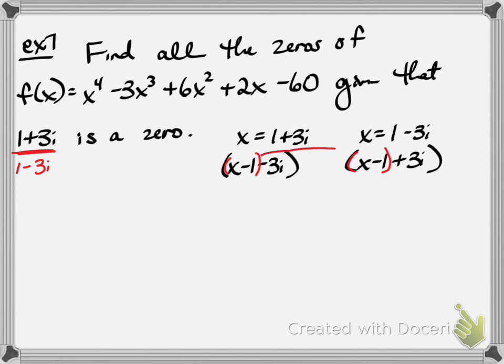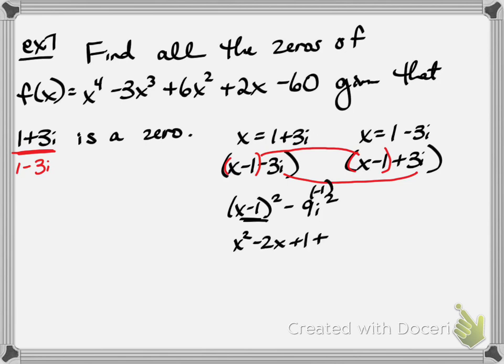And now these are conjugates, so we'll do a squared minus b squared. And then we'll expand this to x squared minus 2x plus 1 plus 9. So x squared minus 2x plus 10. If you're confused here, I'm just foiling and combining like terms to get this.